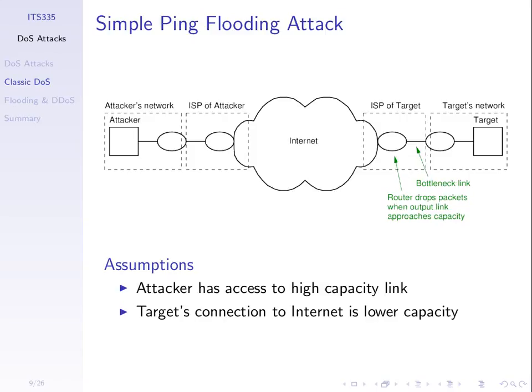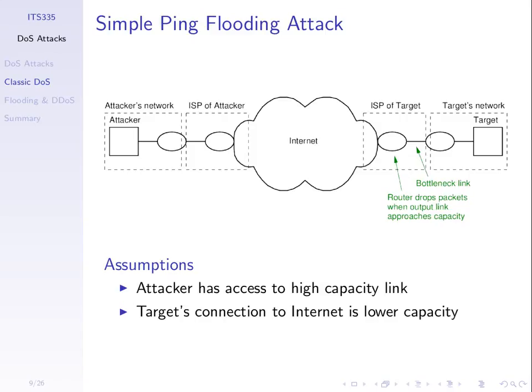And there's the target. Let's say the target server, the square there, is who we want to target. And the target's network has a link to their own router. So say inside a company, they have their server, their own router, and then that company links via their internet service provider out to the internet.